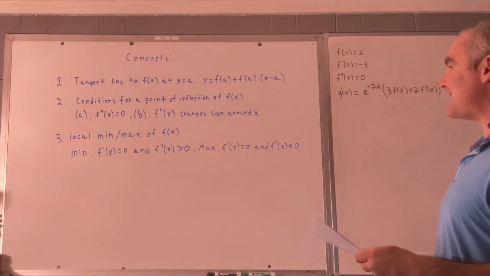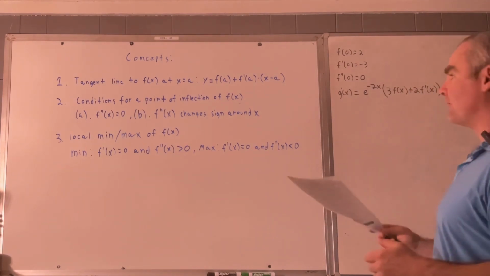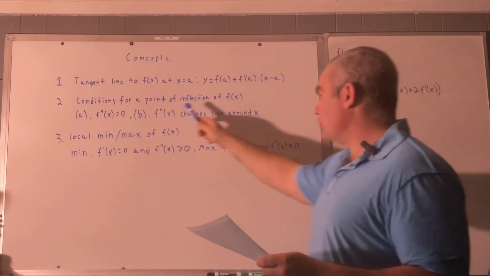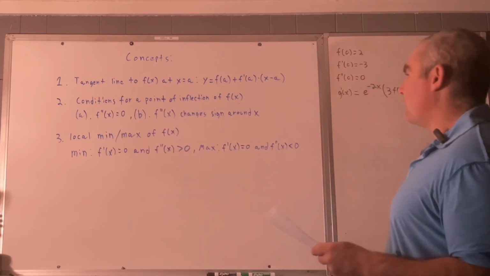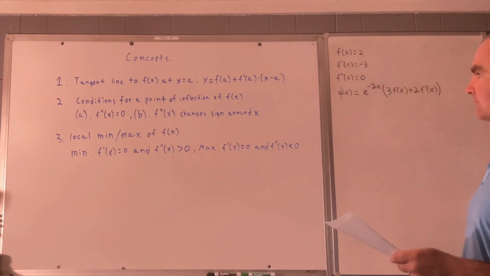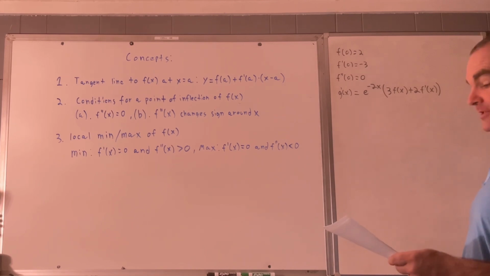So let's see, does our problem give us enough information to meet these two conditions for a point of inflection? Well, what about the first one? F double prime of x is equal to 0.